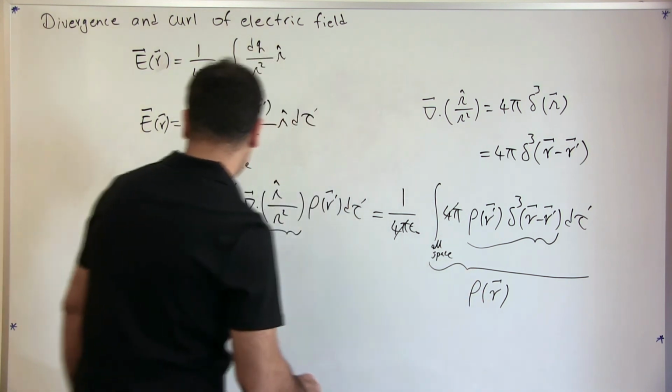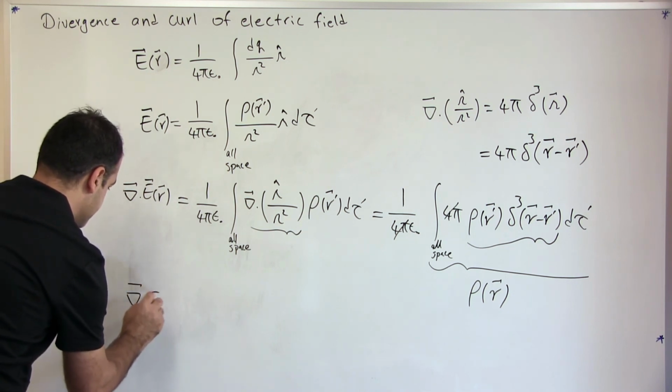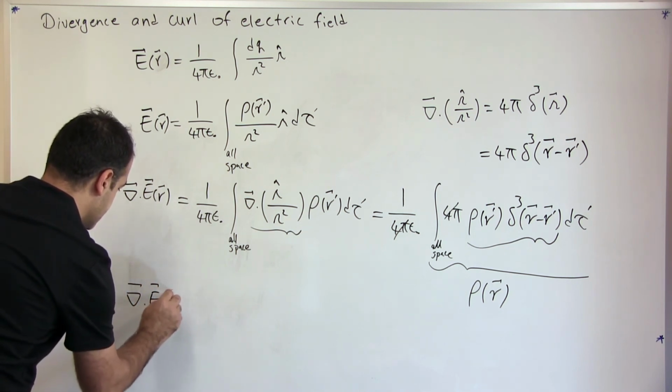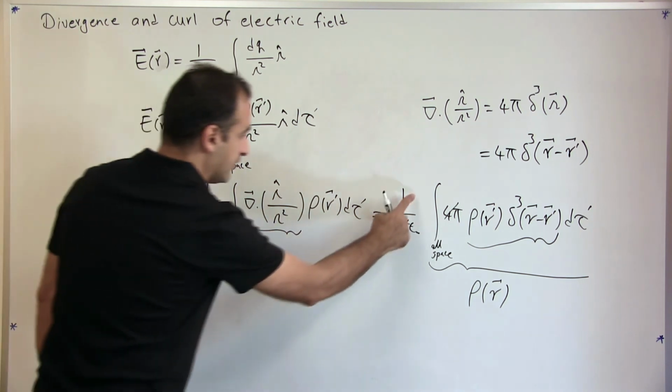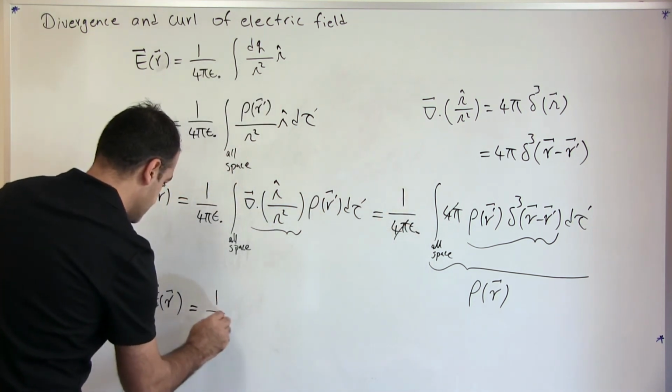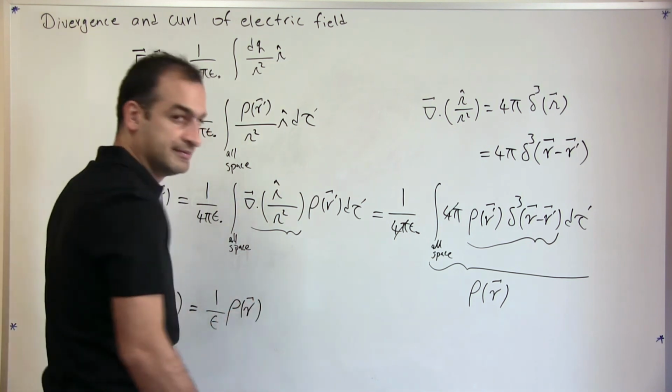Okay, and that means the divergence of E at r, that's what we're looking at, is equal to 1 over epsilon 0 times rho of r here.